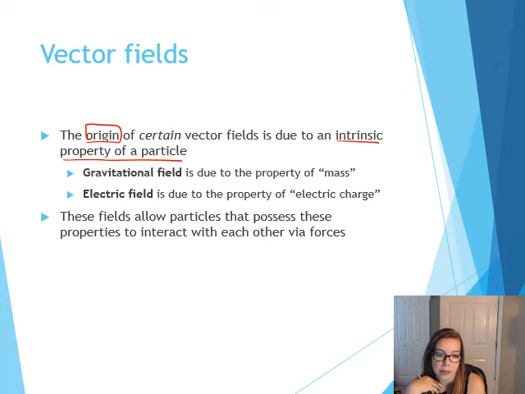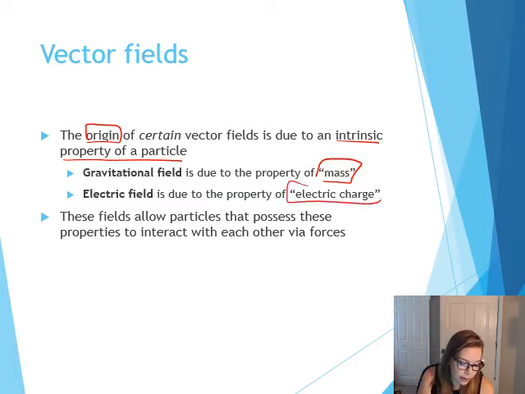So the first one we're going to talk about is gravitational fields. And this field occurs because of the mass of particles. So that's the property that these things have, and it generates a field because of that. The other one we're going to talk about is the electric field. This one is due to the intrinsic property of electric charge.